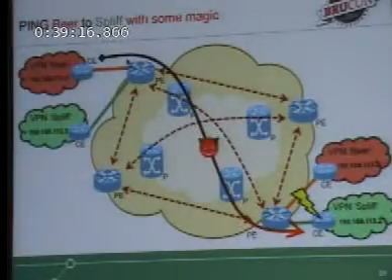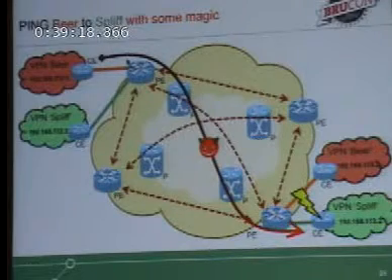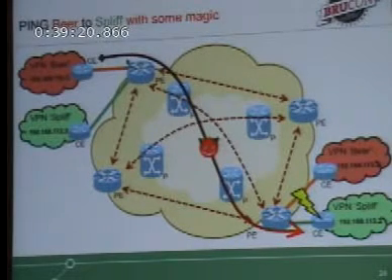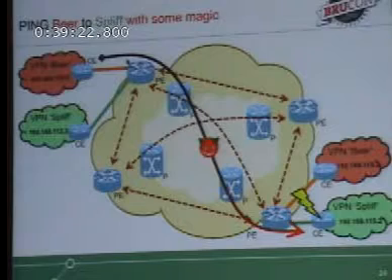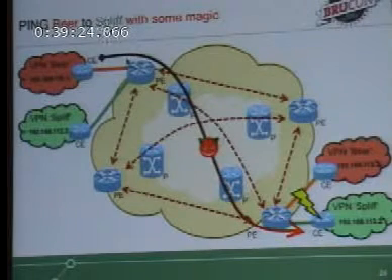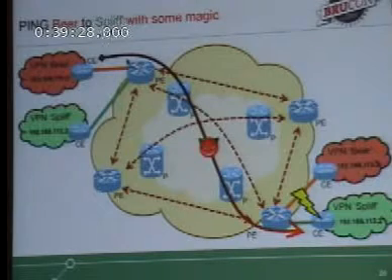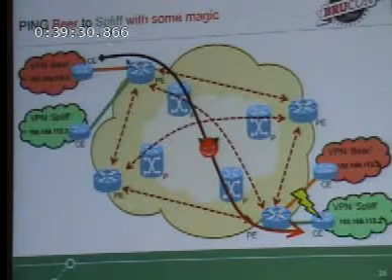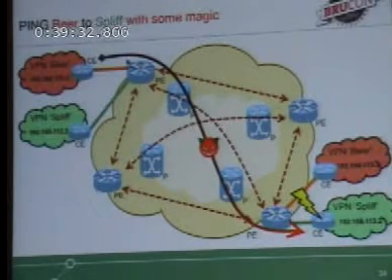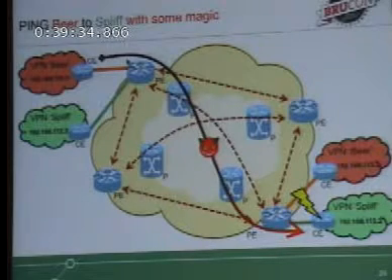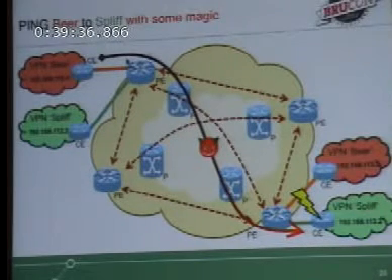Okay, so after this magic, we are in a state where we can reach the other customer's side. So think about it like, I don't know, the IBM network is now connected to the Intel network, just by relabeling traffic.